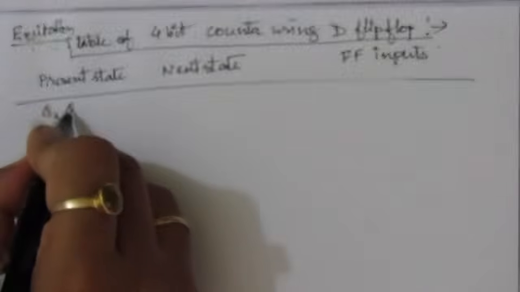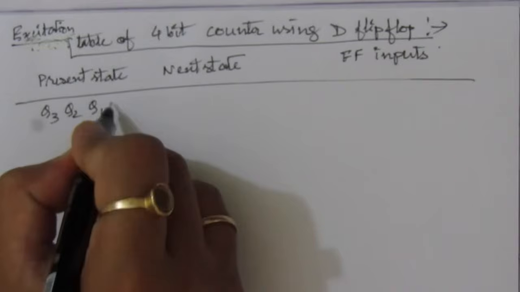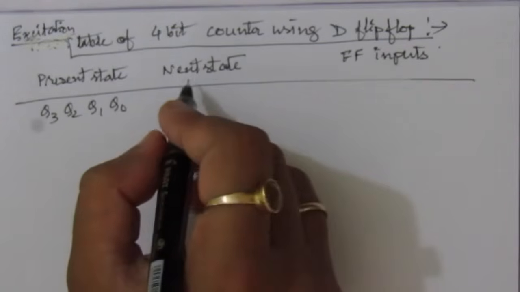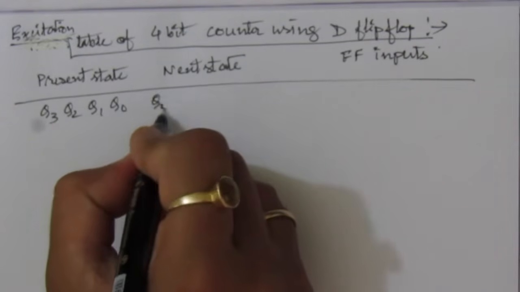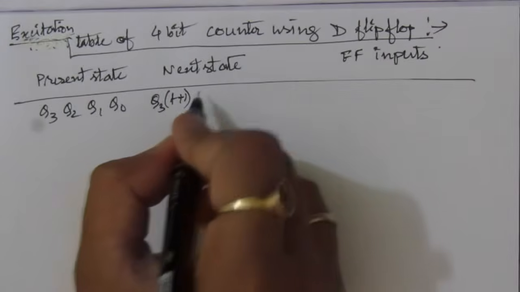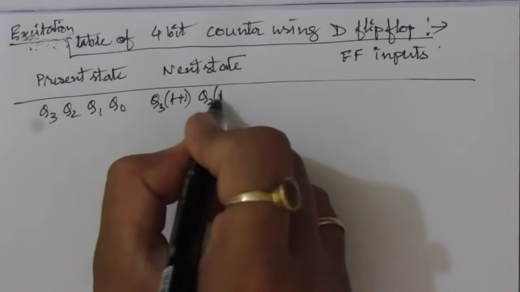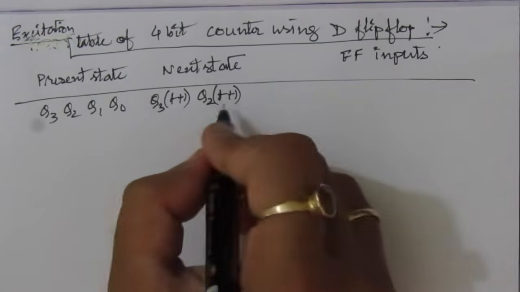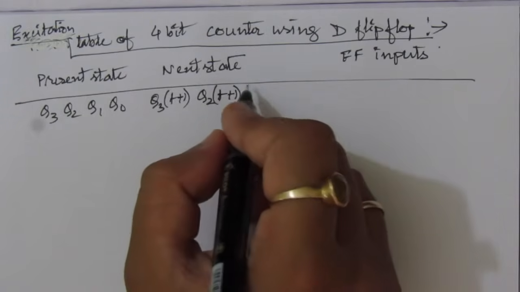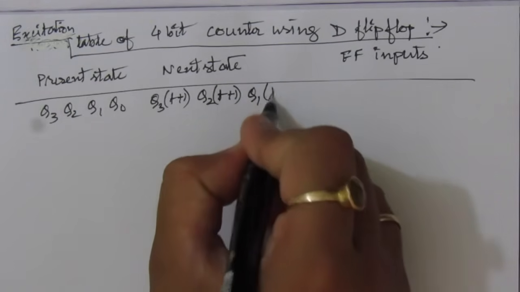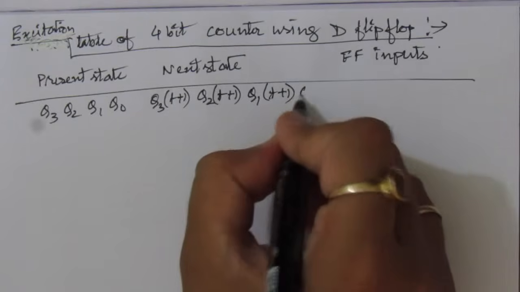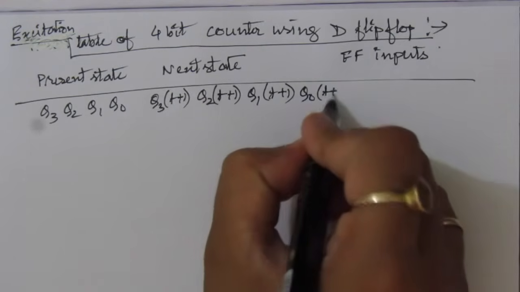The present state is Q3, Q2, Q1, Q0, and the next states are Q3 of T plus 1, Q2 of T plus 1, Q1 of T plus 1 and Q0 of T plus 1. I am denoting the next state with T plus 1.